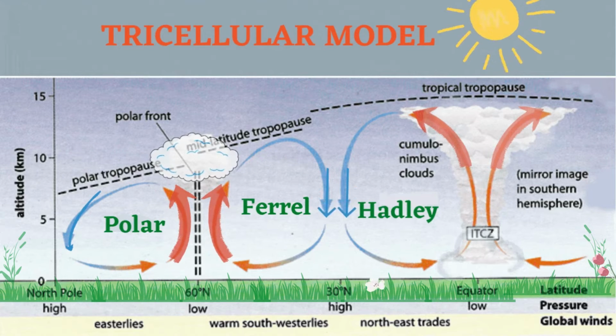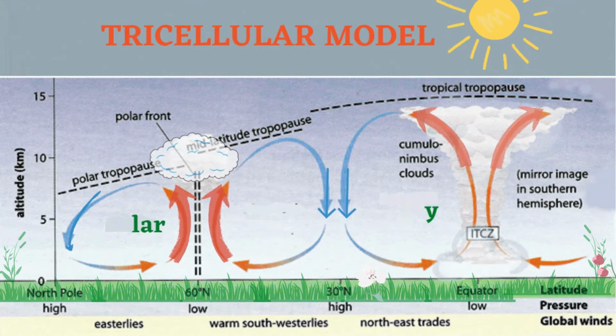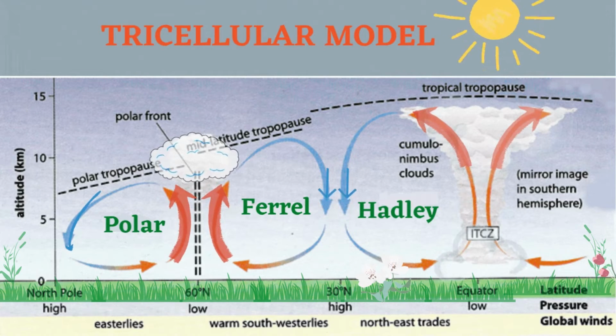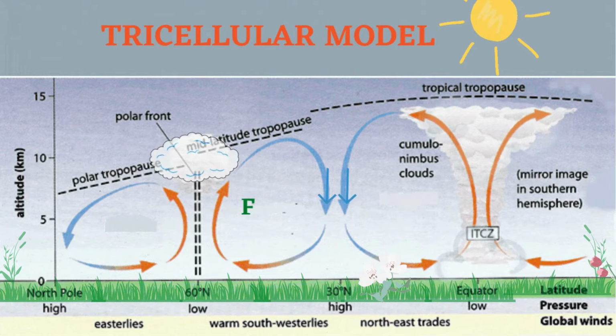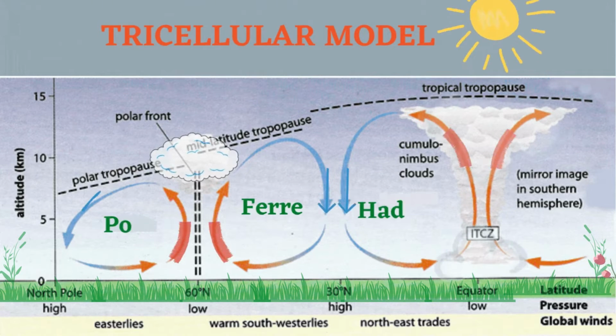These cells are the Hadley cell, the Ferrel cell, and the polar cell. The Hadley cell, as we can see, is the largest loop and features air rising near the equator, flowing poleward in the upper atmosphere, then descending at the subtropics before returning equatorwards near the surface.